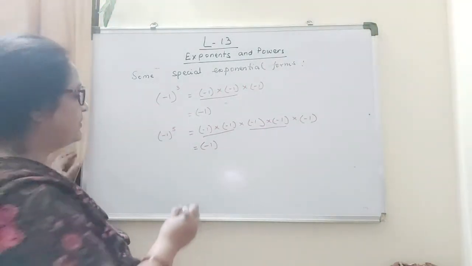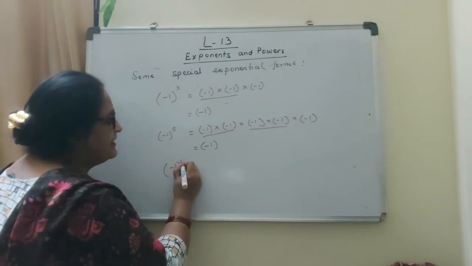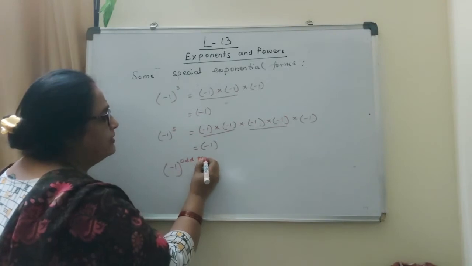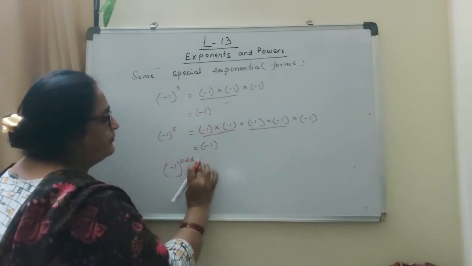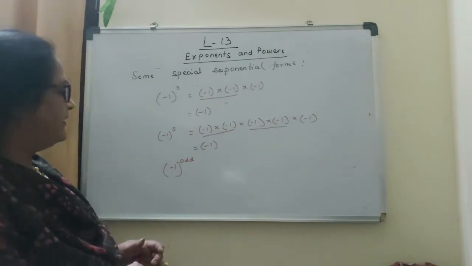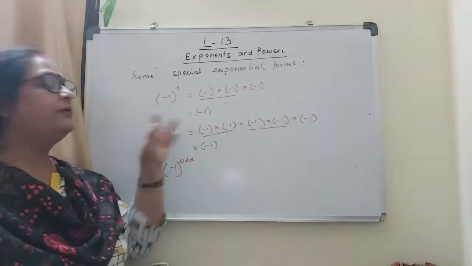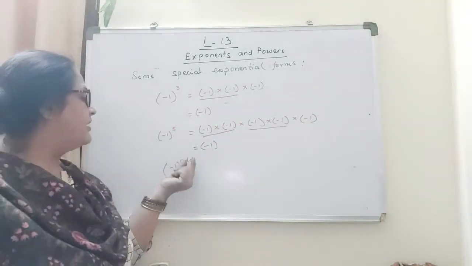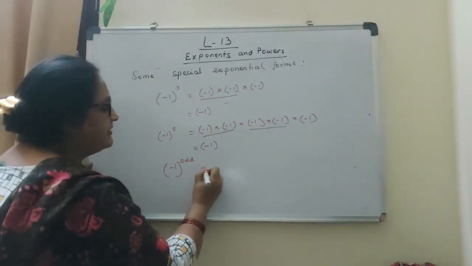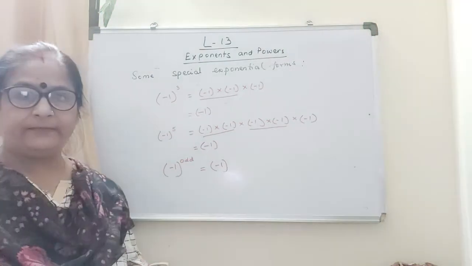So in other words, if minus 1 is raised to an odd positive power, then the answer is always minus 1.